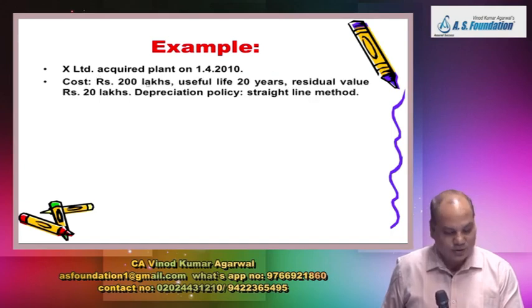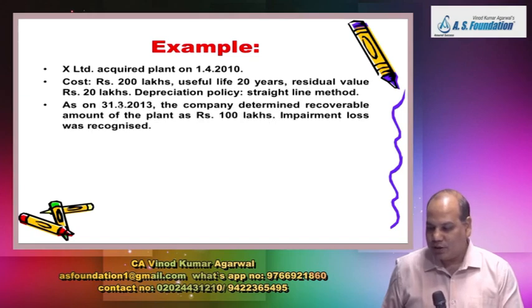First understand the question. X Limited acquired a plant on 1/4/2010. Cost is 200. Useful life 20 years. Residual value 20 lakh. Depreciation policy straight line method. As on 31st March 2013, the company determined that the recoverable amount of the plant is rupees 100 lakh.